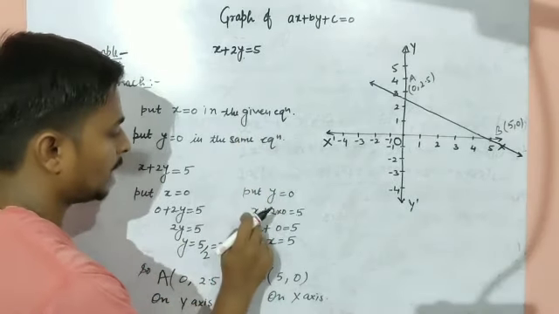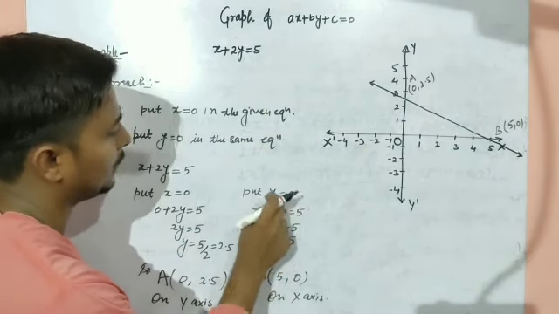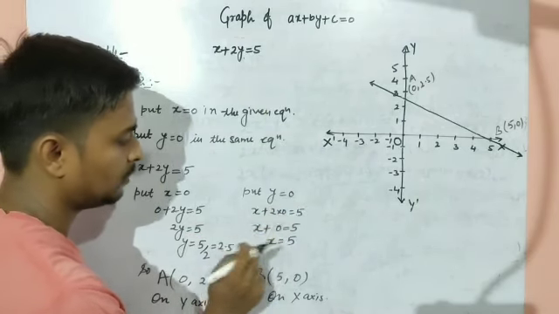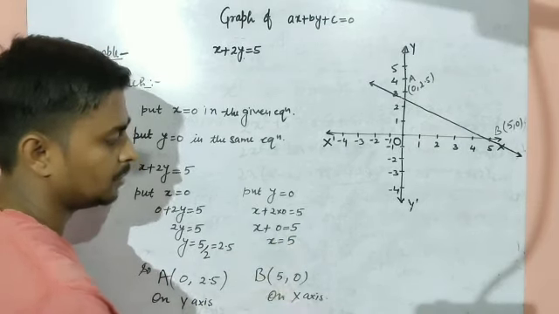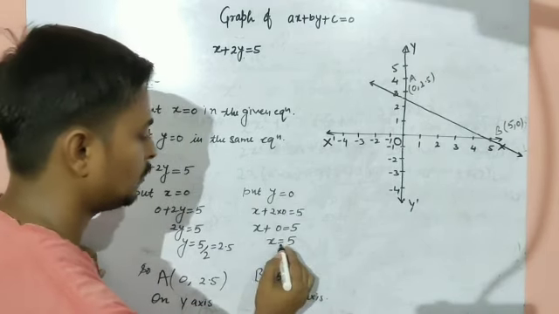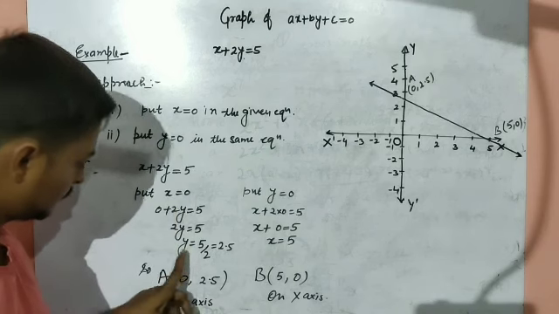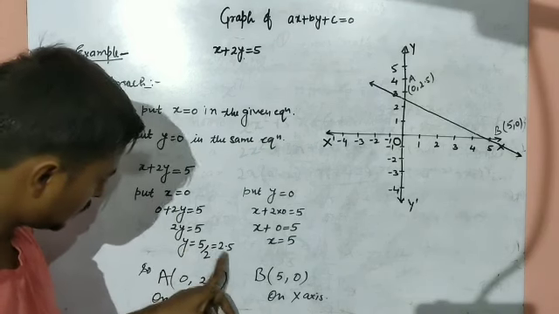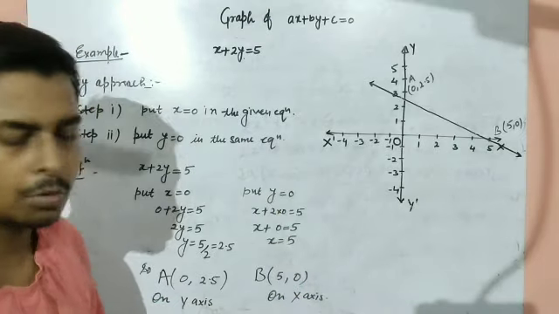So this becomes x + 2 times 0 = 5. So x + 0 = 5, and x + 0 means x, so x = 5. By putting x = 0, we get y = 2.5. By putting y = 0, we get x = 5.